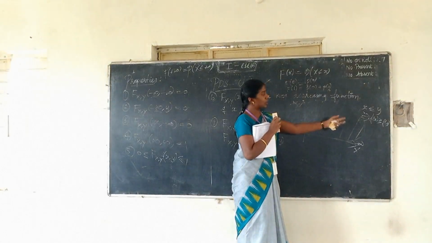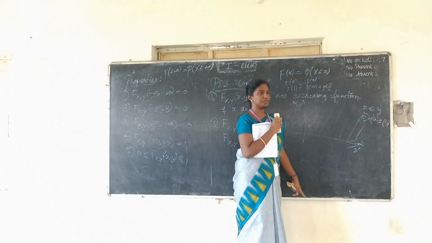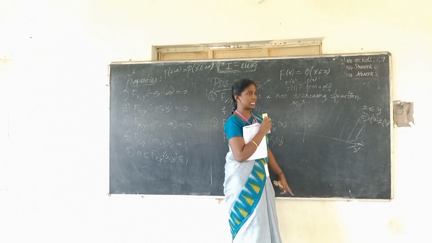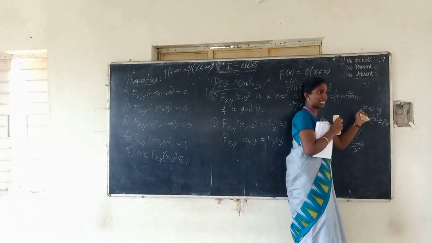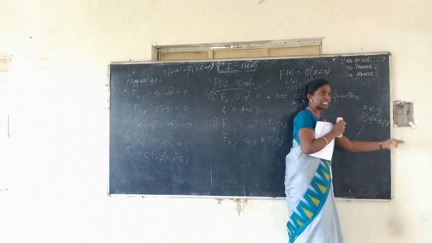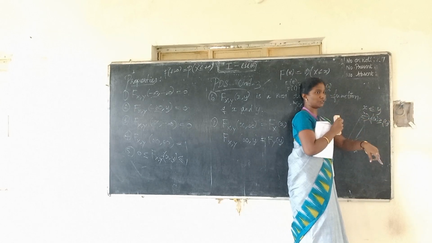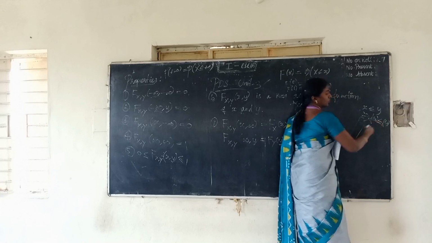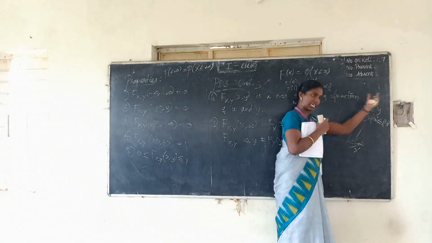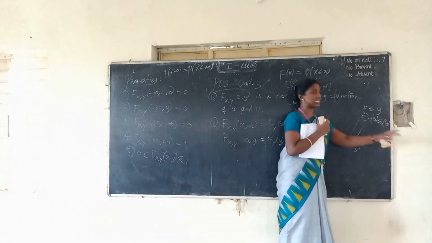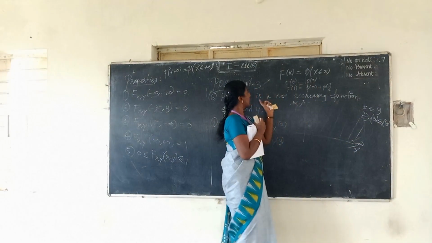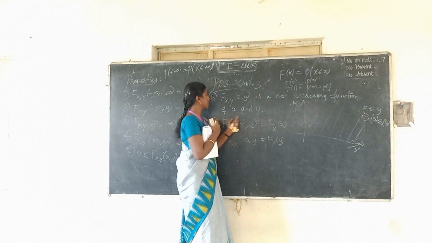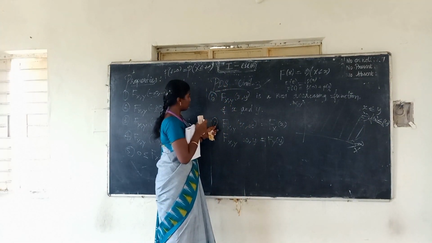Suppose F(x) greater than or equal to F(y)? That is a decreasing function, since while x increases, F(x) decreases. But here F(x) is less than or equal to F(y). While x increases, F(x) also increases, not decreases. So F is a non-decreasing function.